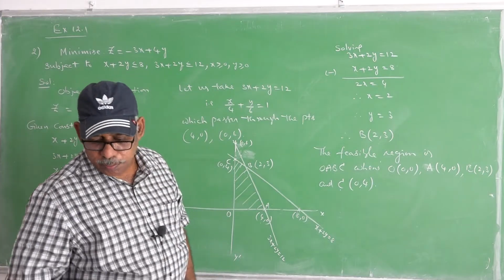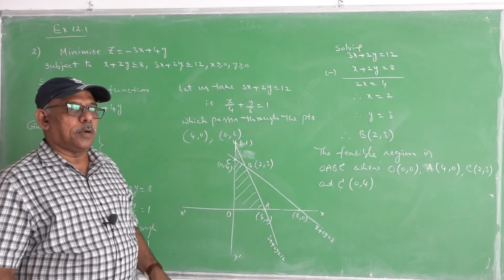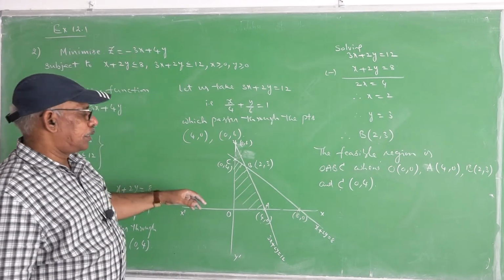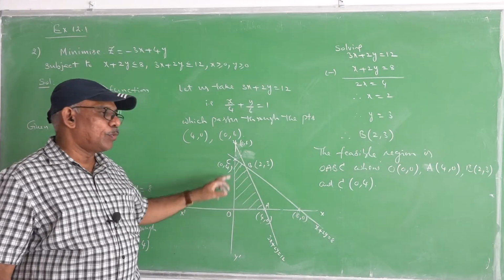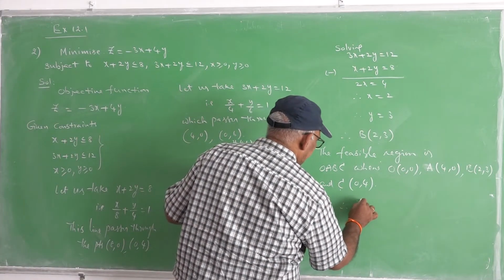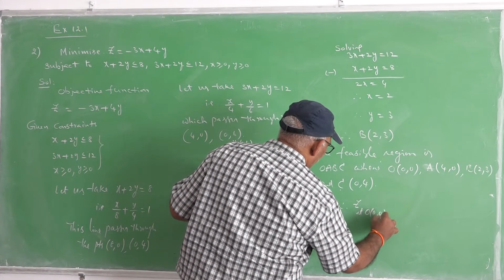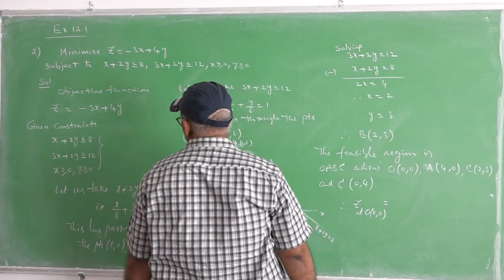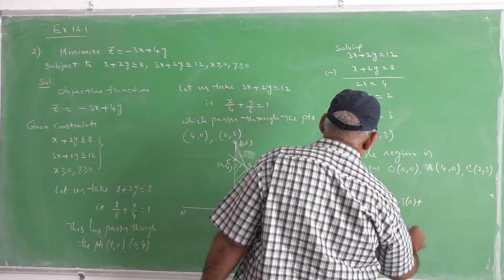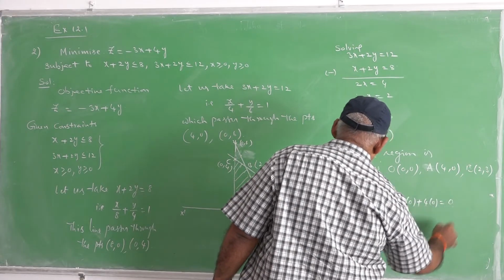Clearly this is a closed, bounded region. Once it is a bounded region, the optimal value of the objective function is attained at the vertices or corners. So therefore, the value of Z at the corner O is minus 3 into 0 plus 4 into 0, that is 0.